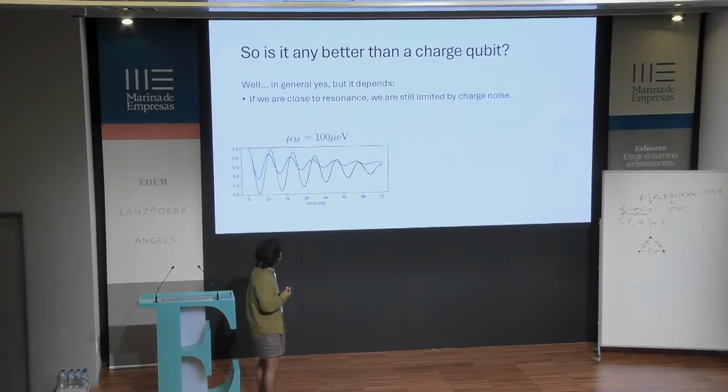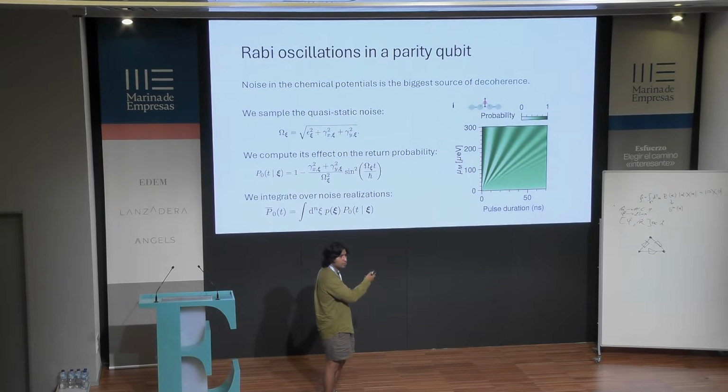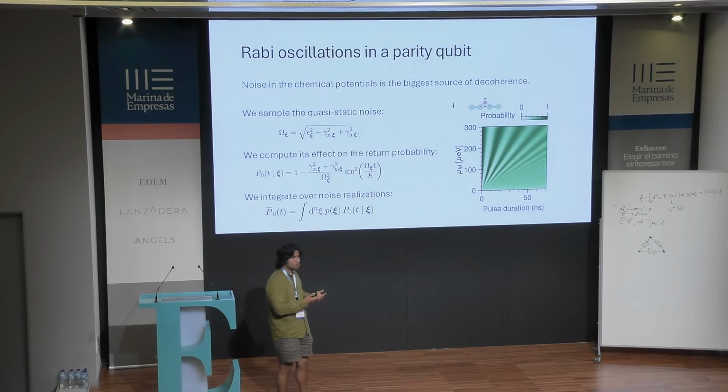So what happens is that you can think about the middle dot just as an effective tunnel coupling between the two chains. In this plot, for example, if you are close to zero, close to resonance, that means that they are strongly coupled, so you have a really fast oscillation between them. In this regime, because the dot is almost occupied, you are the most susceptible to charge noise in the middle dot, which is not protected, as you see in the bottom part of that plot.